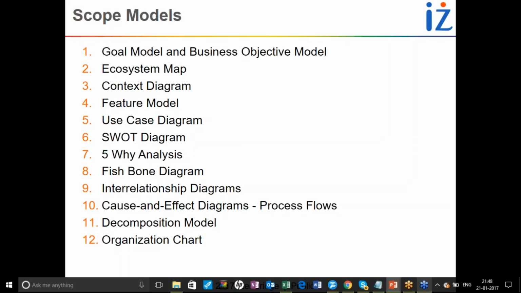Decomposition models represent information hierarchically, and organization chart, because when you are analyzing your solution, you see the different positions and how the information flows within those positions. So these are the different models that can be used to know the high level features, functions, users, interfaces, and data, and which can be explored further using other models.